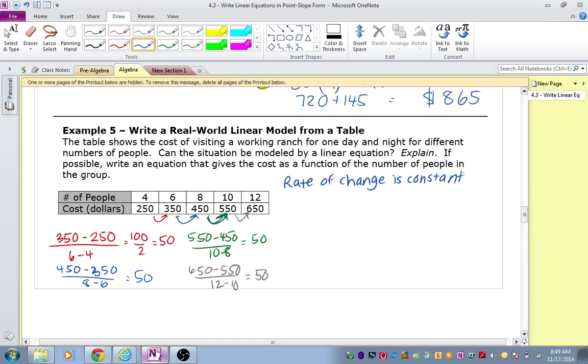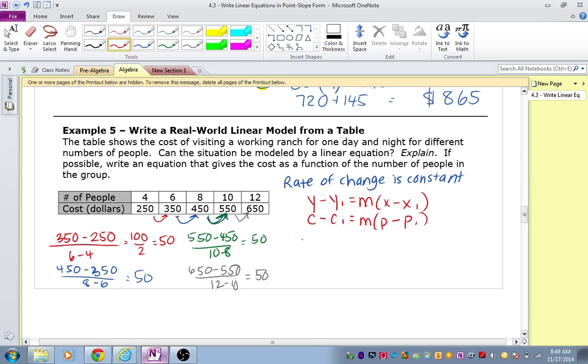So now we're going to write an equation that gives the cost as a function of the number of people in the group. We can start by writing it in point-slope form. So I'm going to say y minus y1 equals m times x minus x1. But now we have to plug in our other variables. Our y's are like our cost. So C minus C1 equals m times, and we'll say P for people, P minus P1.